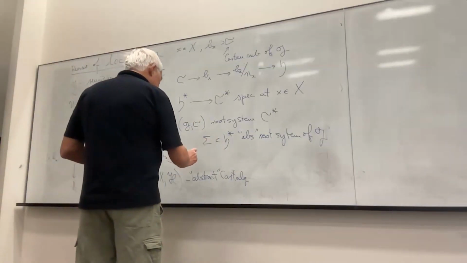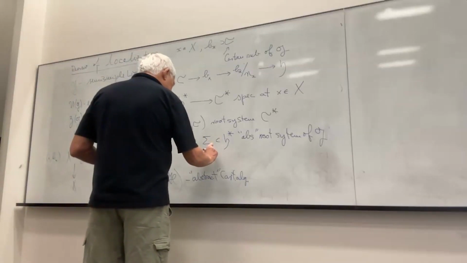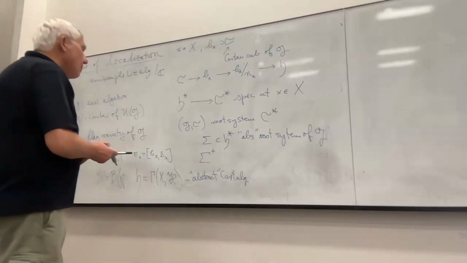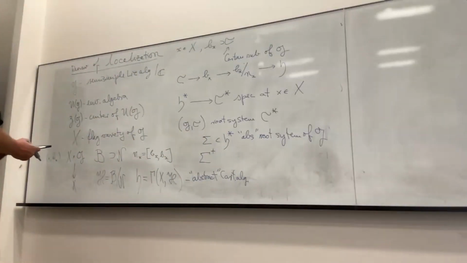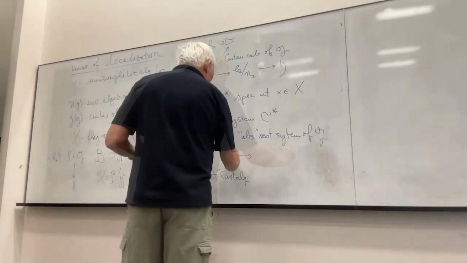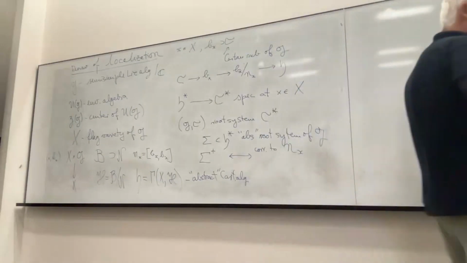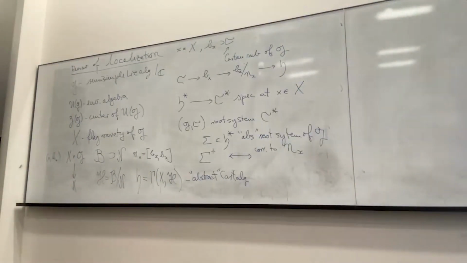Now, I know that Kari will object. I will take the system of positive roots to be the system which corresponds to n_x. I mean, he and Wilfrid wanted that we follow geometers and take the opposite one. I do not like my Verma modules upside down, with the lowest weight.